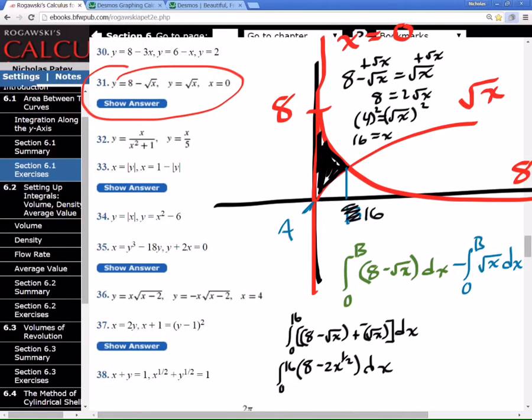And then you do the antiderivative, which would give us 8x minus, that would be x to the negative 1/2. Because to divide this by negative 1/2, that'd be the same as multiplying by the reciprocal. What would be negative 1/2?